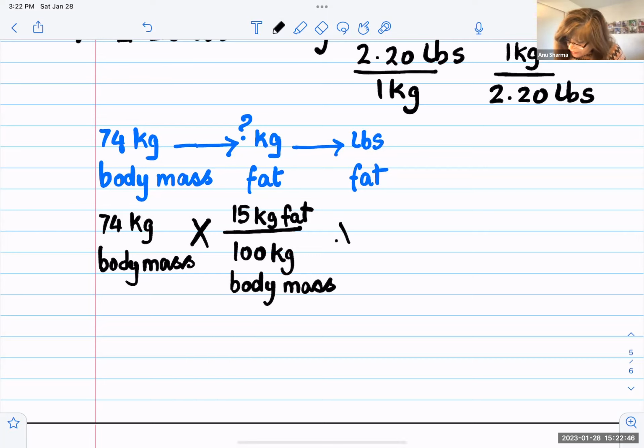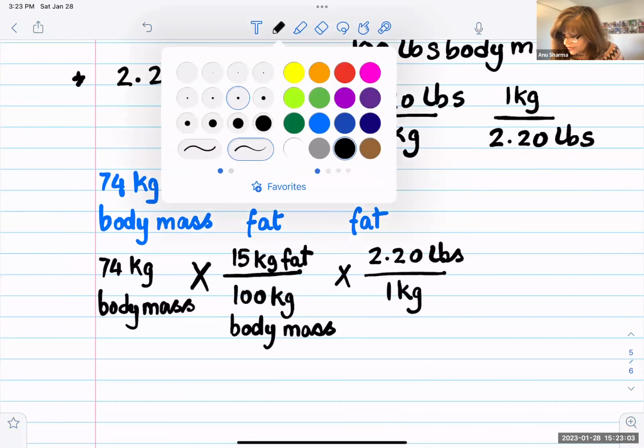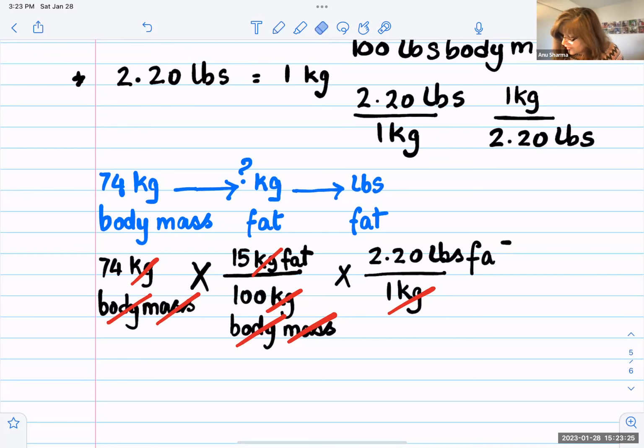Now you're just left with the kilograms of fat. Next, we know that 1 kilogram is equal to 2.20 pounds, and 1 kilogram is in the denominator. That's the conversion factor already known from the table. So body mass cancels out, kilograms of fat and kilograms of fat cancel out, and we only need in the answer the fat in pounds.